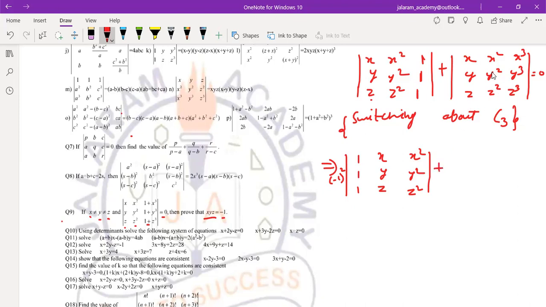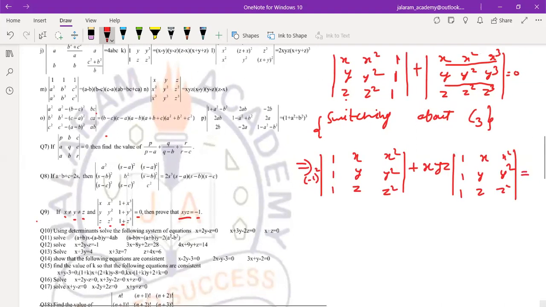Plus, in the second determinant, we observe that x is common in the first row, so take it common. y is common in the second row, so take it also common. And z is common in the third row, so take it also common. So we get the determinant 1, x, x square; 1, y, y square; 1, z, z square equals to 0.